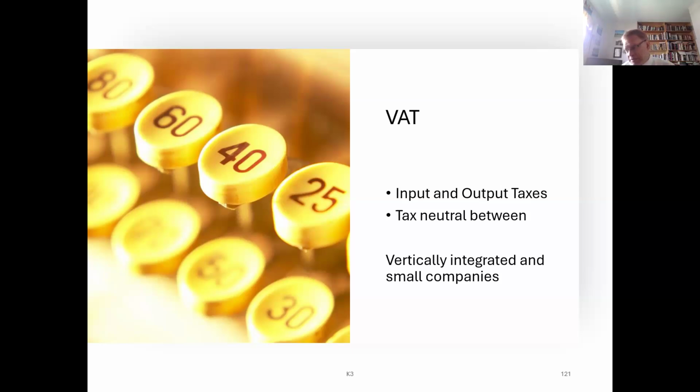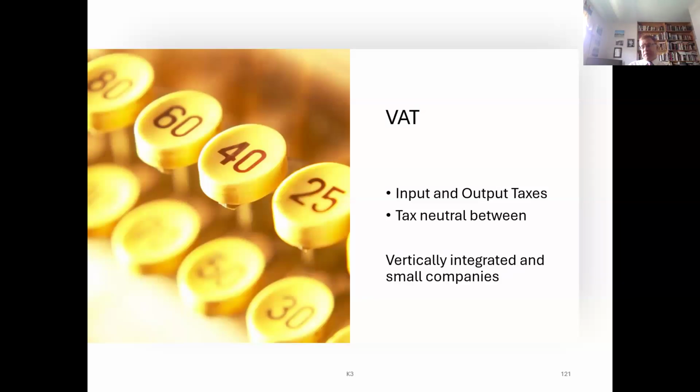So the input is what I pay, the output is what I charge, and assuming that I'm making money, because I don't do zero-rated goods, generally speaking, the output tax is going to be considerably higher than the input tax.